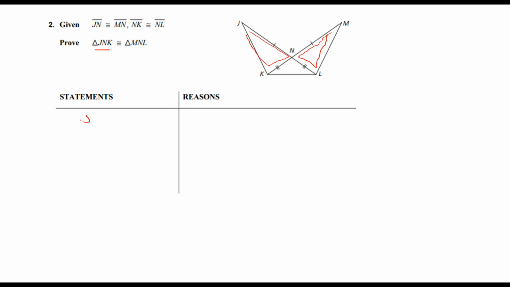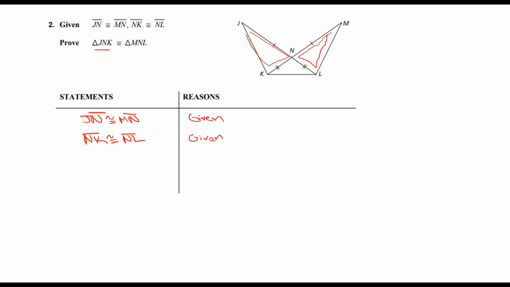So first, let me start with my givens. JN is congruent with MN. Feel free to fast forward or watch this in twice the speed if you'd like to make my voice a little higher pitched. Given. Next, NK is congruent with NL, and that is given.